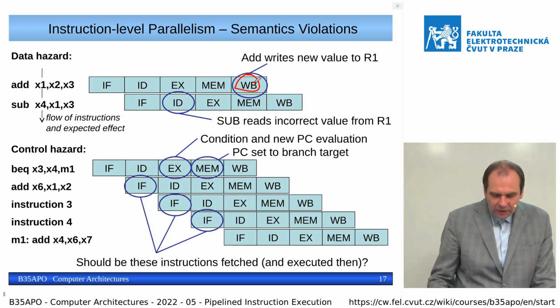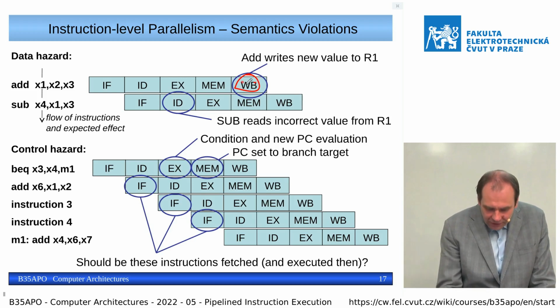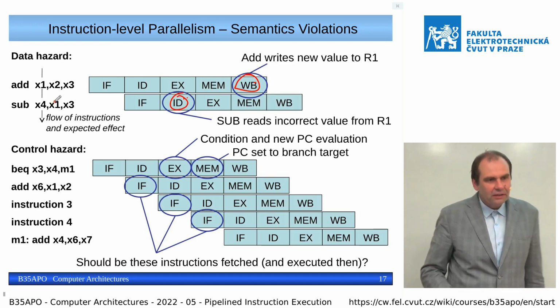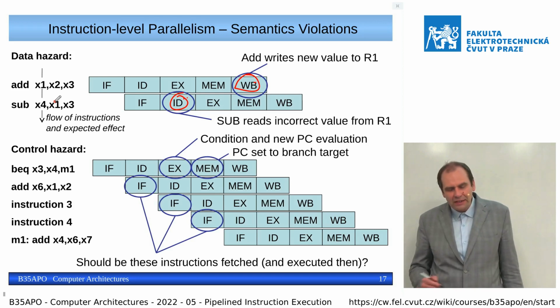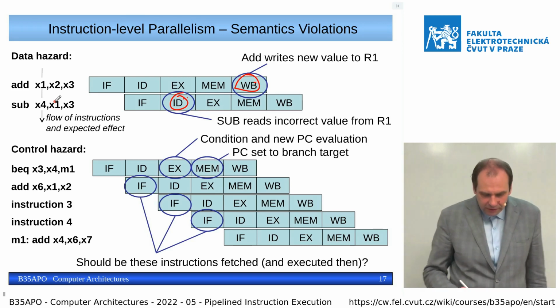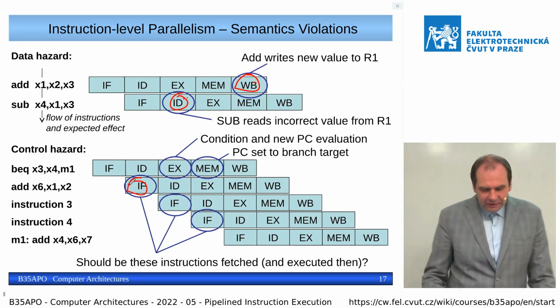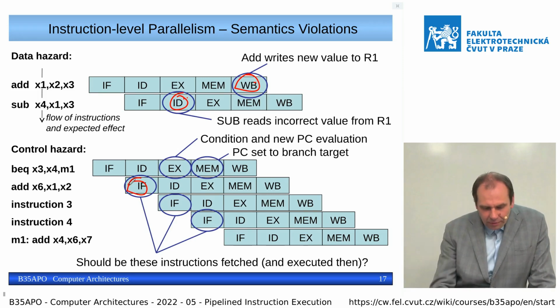So we have a problem that we need somehow to wait till this previous instruction is finished. And if we do not wait, then we read an incorrect value from the register file and we get into troubles.